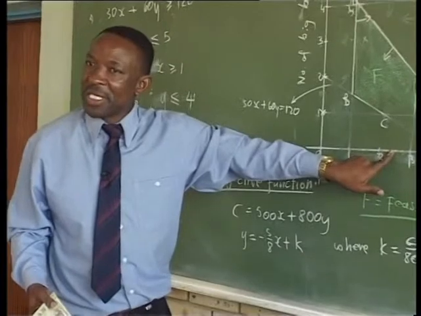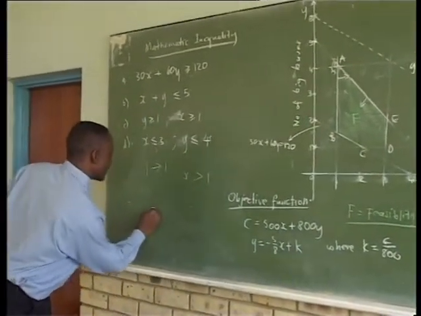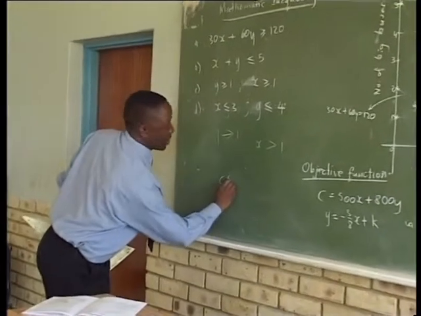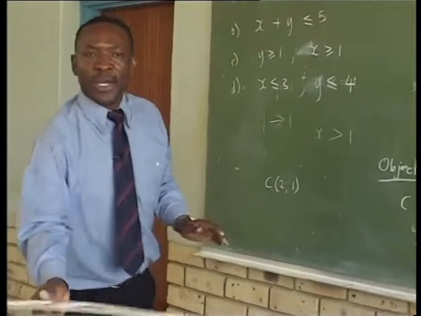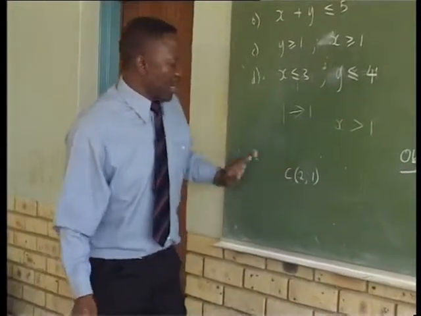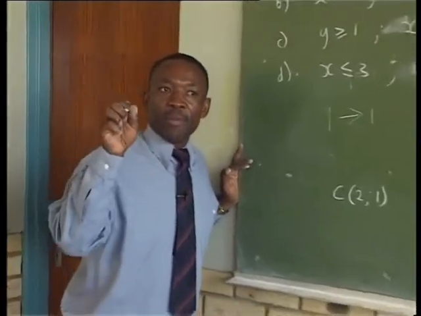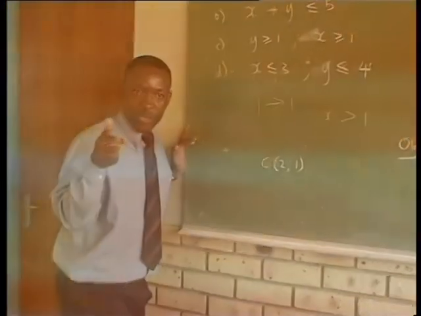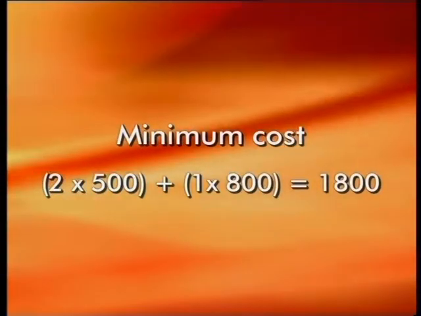The last point to be touched here will be C. So I'll say here, C is the point 2 and 1. Okay? And when I interpret C, C is the point that is going to give me my minimum cost. Thus, the minimum cost is achieved with 2 small buses and 1 big bus.